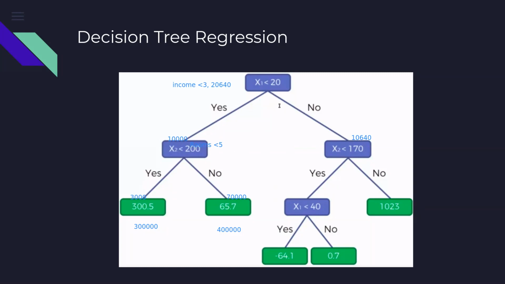Now if I have got a new data point, then I take the values and I start climbing the tree or descending the tree here, and then we will reach one leaf or the other. And then we will see that for that leaf, what was the average price. That's how the decision tree regression works.